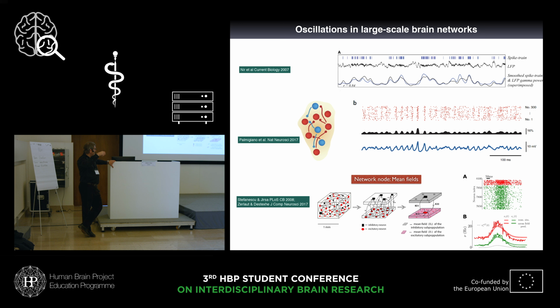Yeah? This is an example from the lab of Alain Destexhe: excitatory neurons, inhibitory neurons, integrate and fire, very detailed, where a stimulus is being introduced, and then the neurons follow. This is simulation.